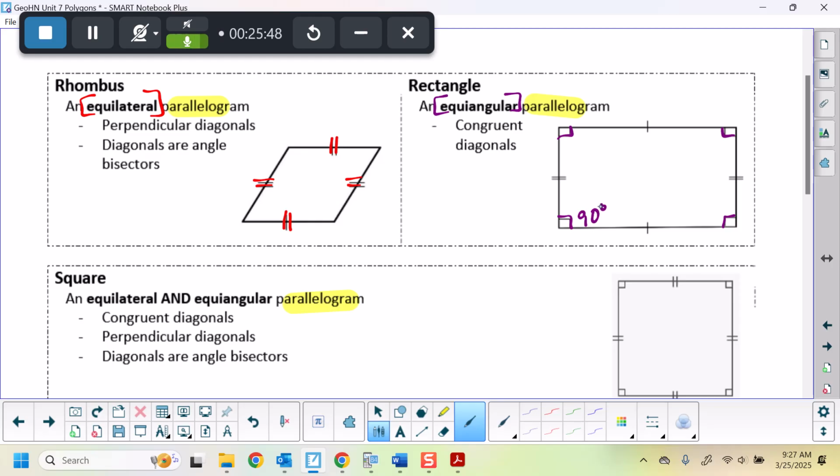We're going to introduce some interesting conversations about the diagonals. And the diagonals have some different characteristics that we want to make sure that you pay attention to. If I draw my diagonals in my rhombus, they will always intersect at a perpendicular angle, 90 degrees.